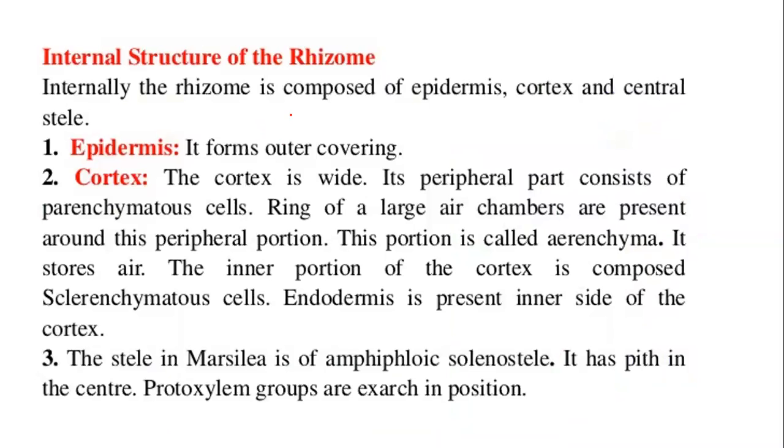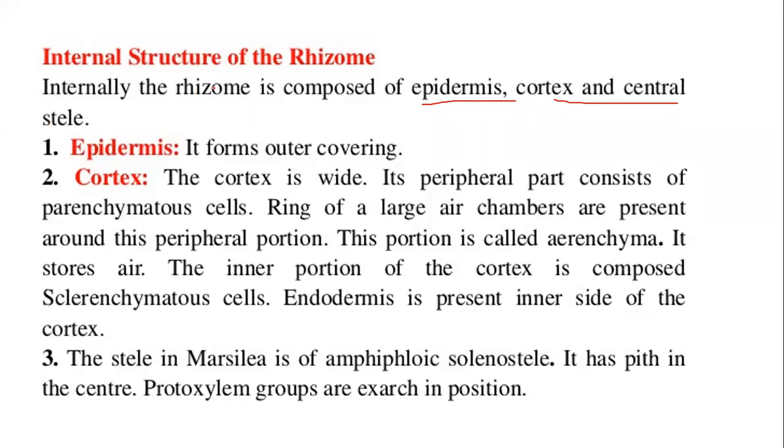Now, we'll go for the internal structure, that is the anatomy. So, first we'll go with the anatomy of the rhizome, which is very, very important in this particular plant. Now, when we talk about the rhizome transverse section, we can see the following tissues, that is the epidermal tissue, cortex, and the central stele.